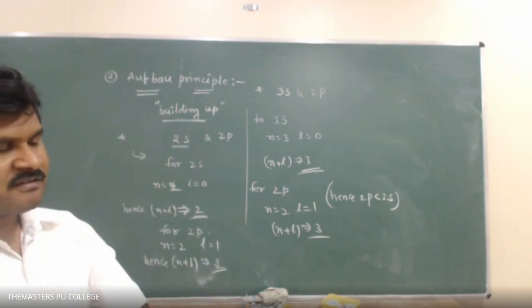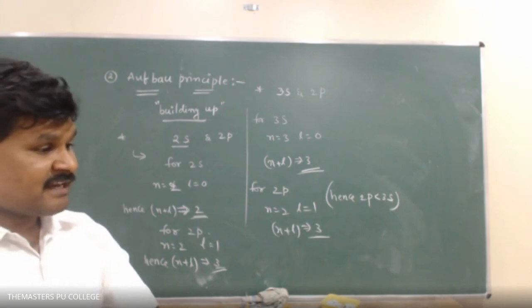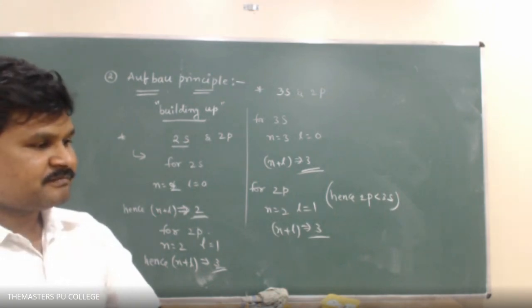If n plus l values are same, then the electron enters into the orbital which has the least n value. Please underline that n value.